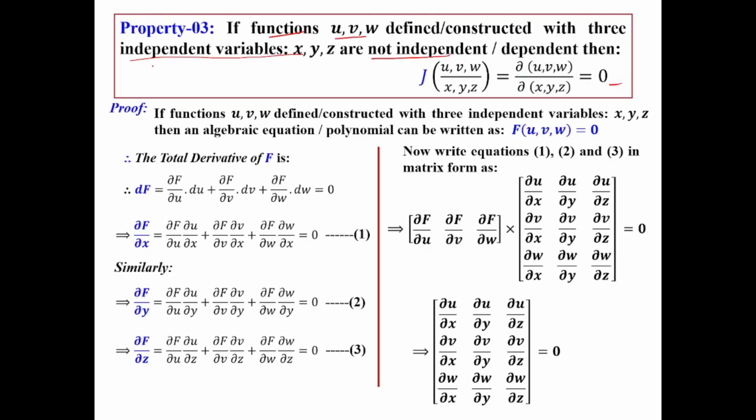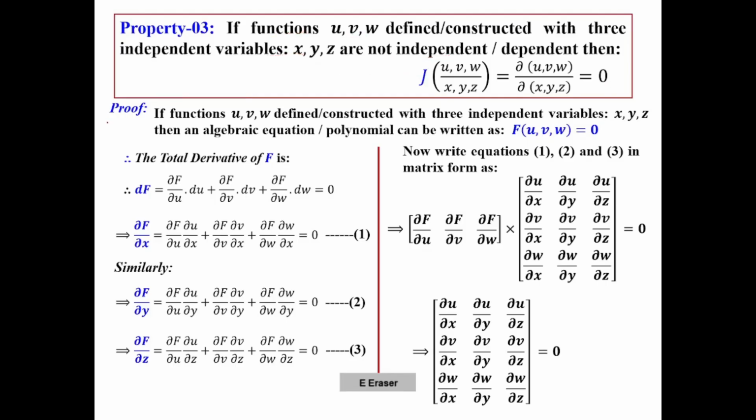Here it is given that u is a function of x, y, z, v is a function of x, y, z, and w is a function of x, y, z. Here x, y, z are three independent variables, but u, v, w are not independent, they are dependent on each other. Then we have to prove this.